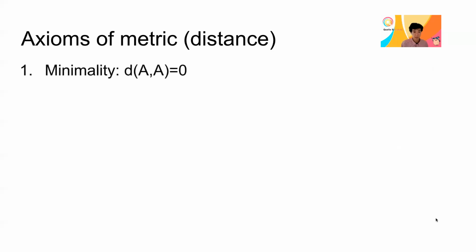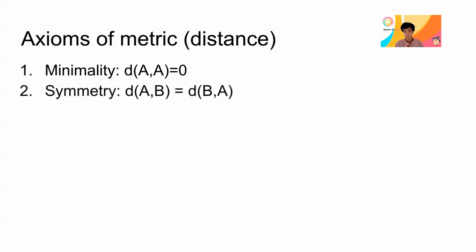One is minimality. When you have a point A and then another point A, or itself, the distance between A and itself has to be 0. It makes sense, right? And then secondly, symmetry.